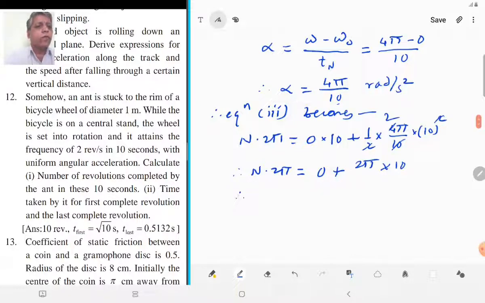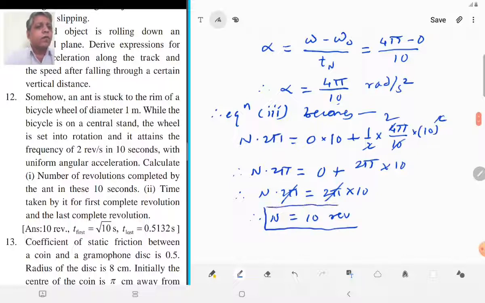Therefore n into twice pi is equal to twice pi into 10. Twice pi gets cancelled, therefore n is equal to 10 revolutions. This is our first required answer. This equation is said to be equation number 4.